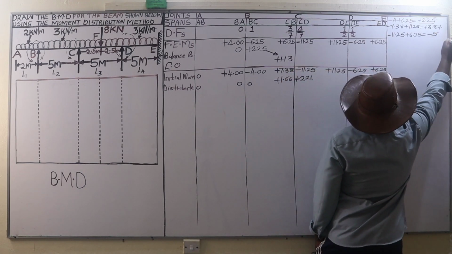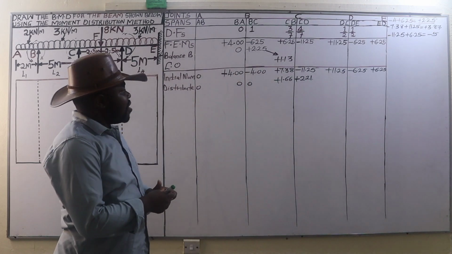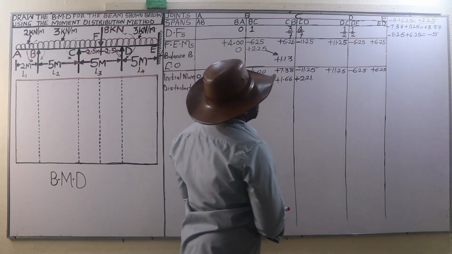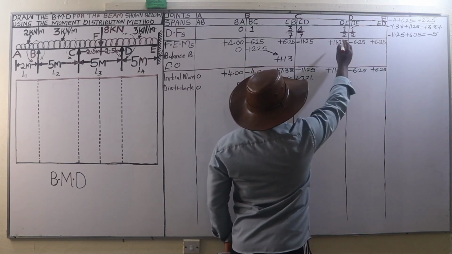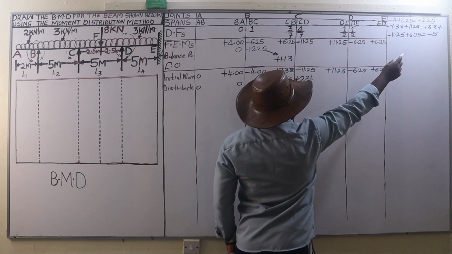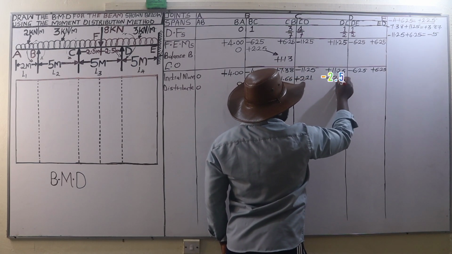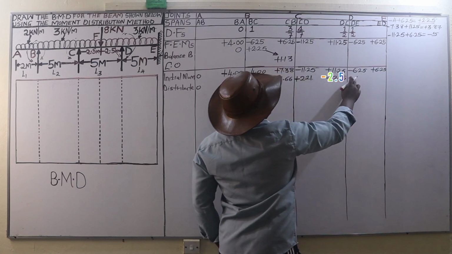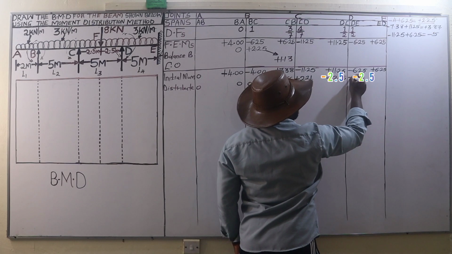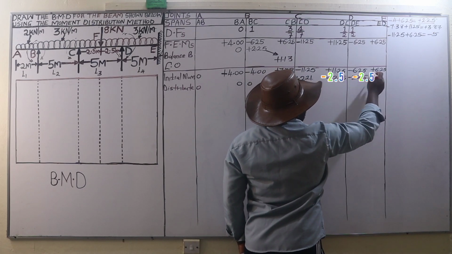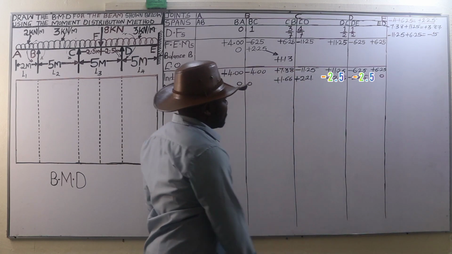That negative 5 we are going to distribute using the distribution factor. So on the left hand side we are going to have a half multiplied by that excess moment of negative 5, which is negative 2.5, and for the member DE the same, a half times negative 5, that is negative 2.5. Then here we are going to have a 0.